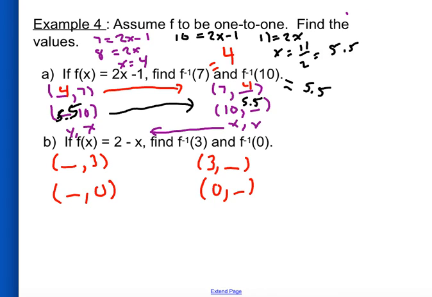So plug them in there. So I'm going to plug them into my function there. I'm going to do 3 equals 2 minus x. I can subtract 2 from both sides. I get 1 equals negative x. Divide by negative 1, and x equals negative 1.